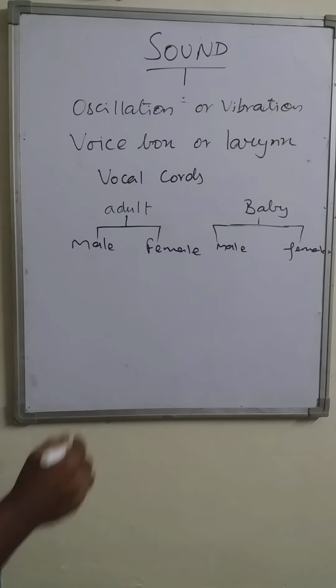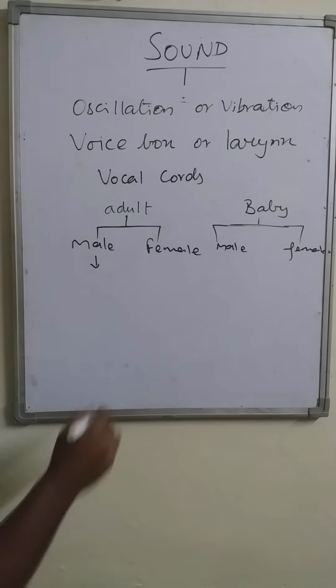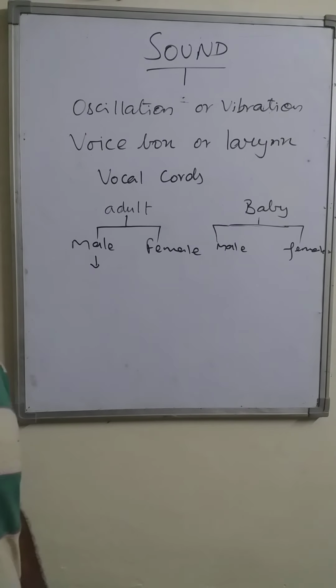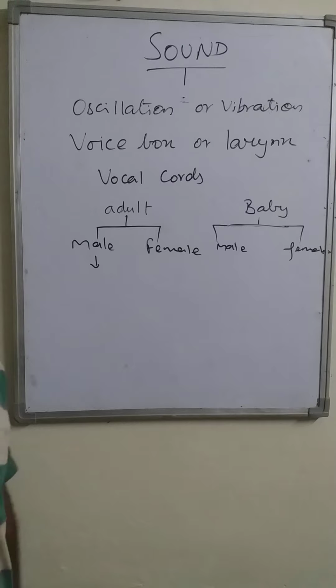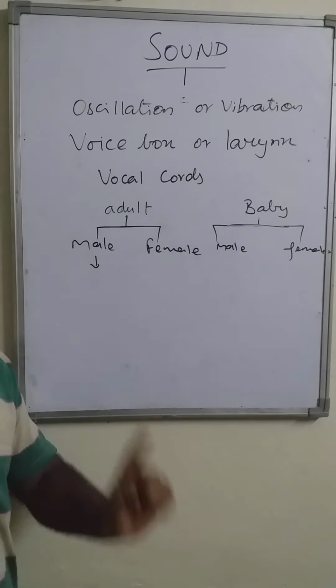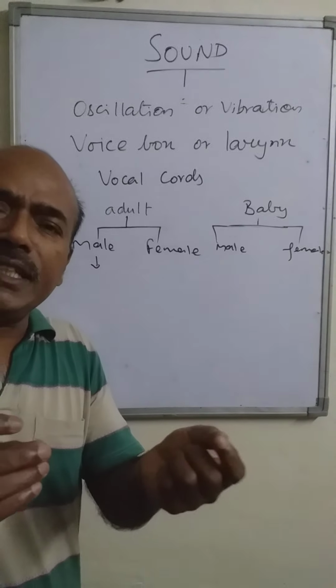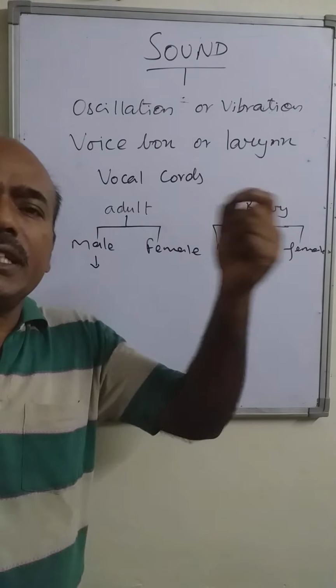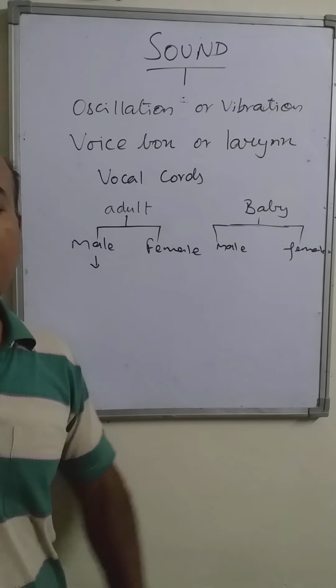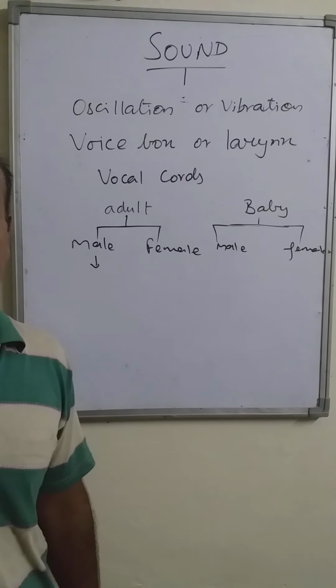In male adult, the length is different from the female adult. Thickness is also different. It is because the stiffness is different. It is stretched in a different manner.